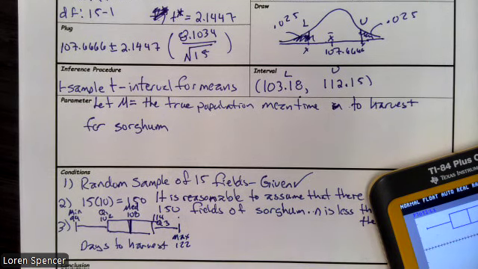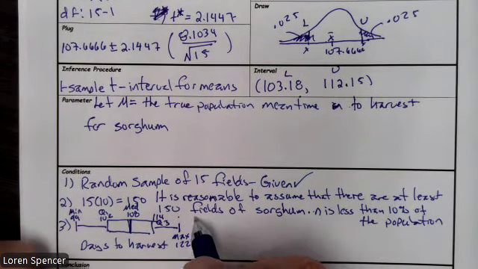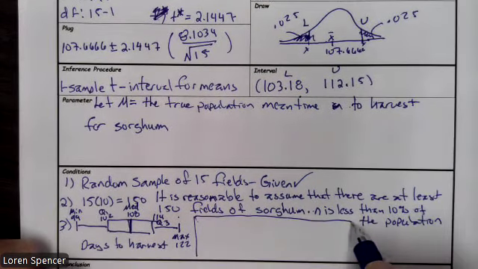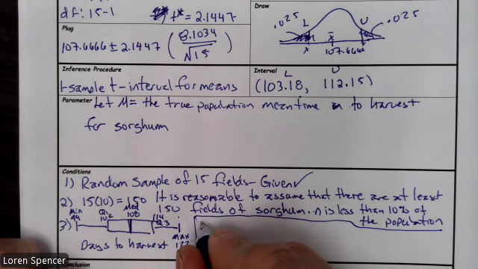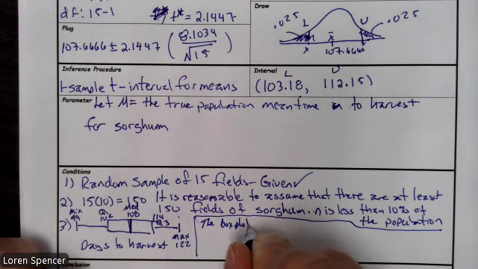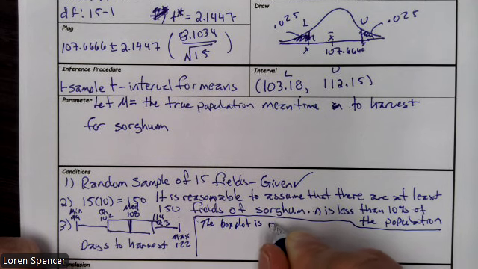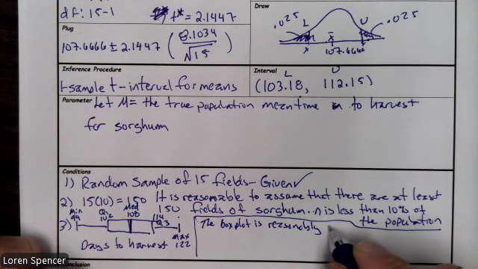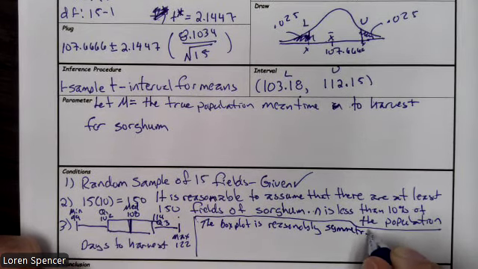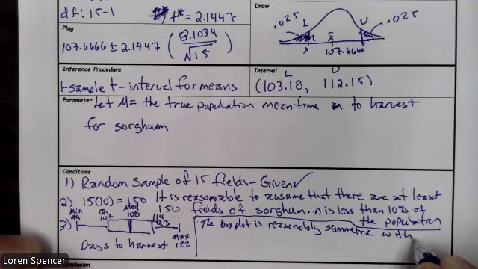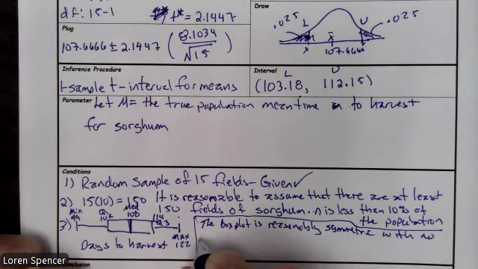All right. It's important to make the comment. The box plot is reasonably symmetric with no outliers.